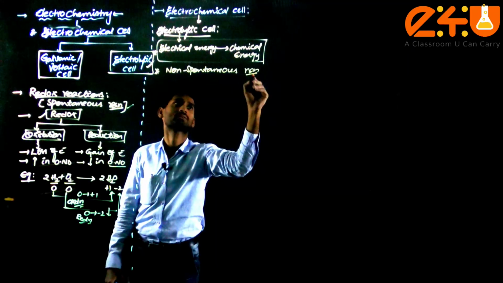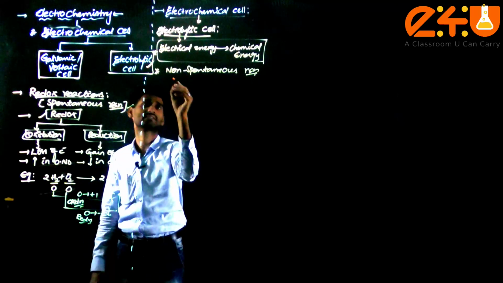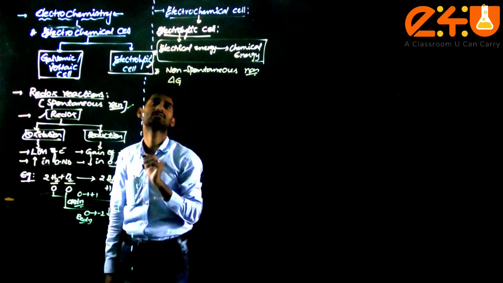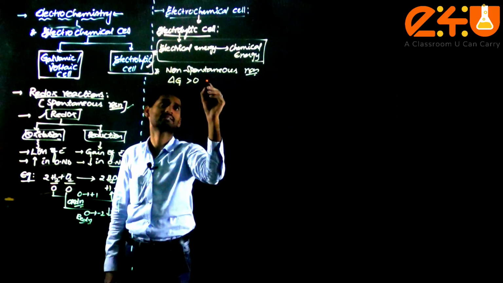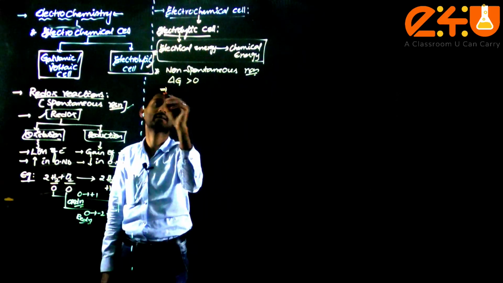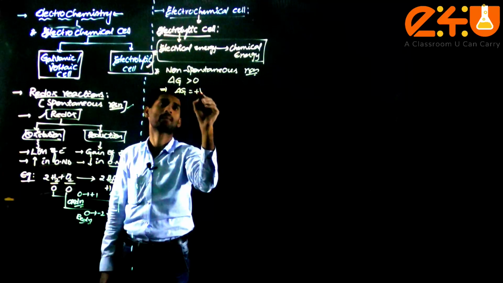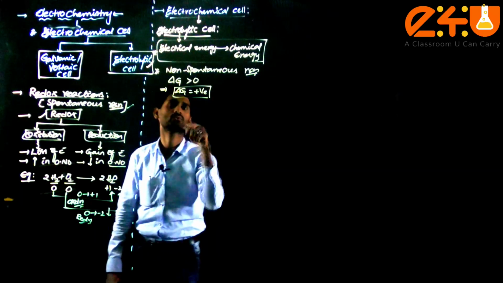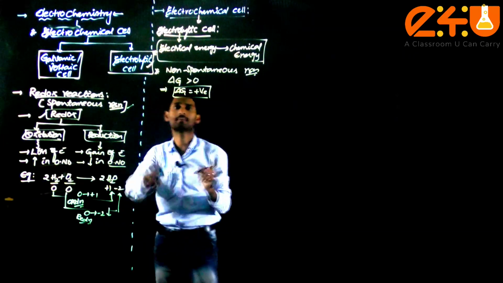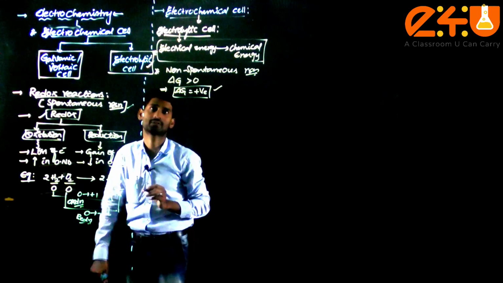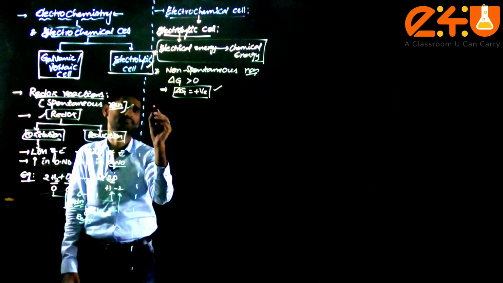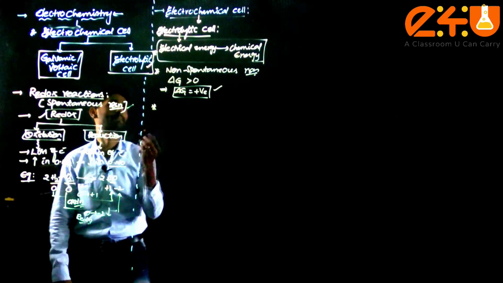Whenever the reaction is non-spontaneous, delta G is greater than 0, meaning the change in Gibbs free energy becomes positive. Then it comes under a non-spontaneous reaction. Next, representation.